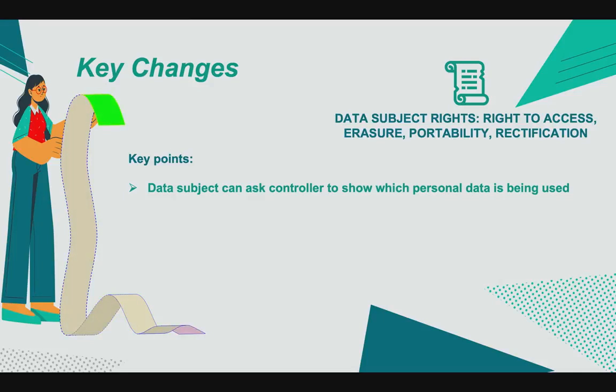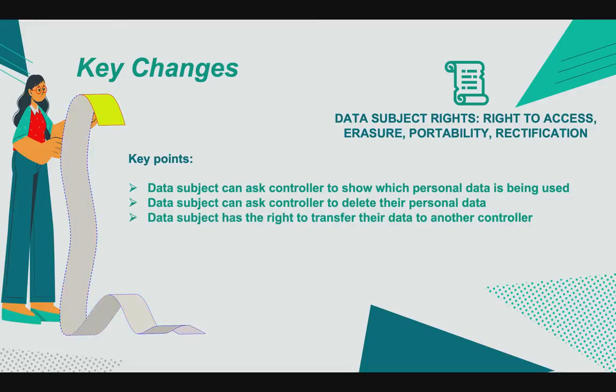The next is right to be forgotten, also known as data erasure. Data subject can ask the data controller to erase their personal data and stop further processing of the data. Then there is right to portability. The data subject has the right to transfer their data to another controller if they want to. And then there is right to rectification.